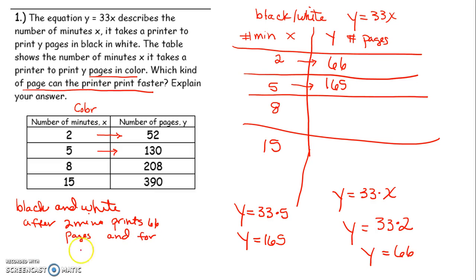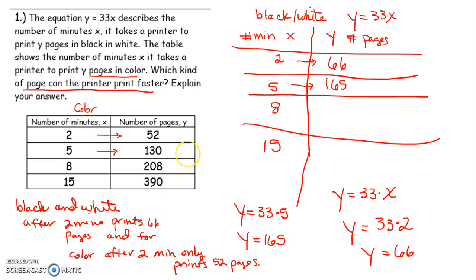And for color, after 2 minutes, it only prints 52 pages. So the black and white is definitely faster.